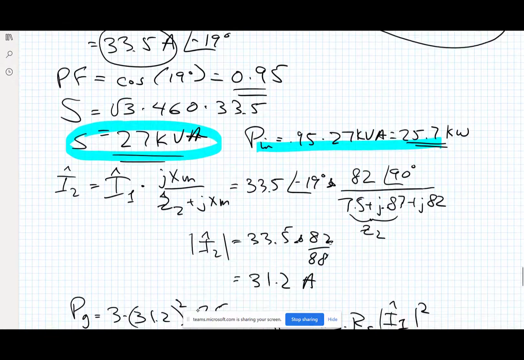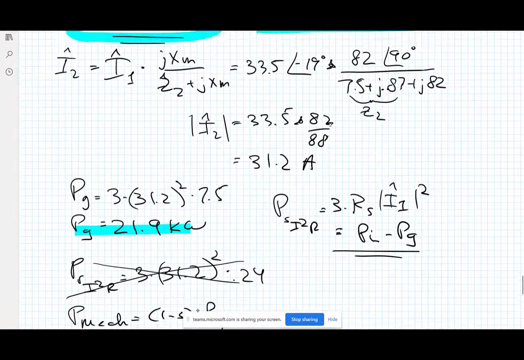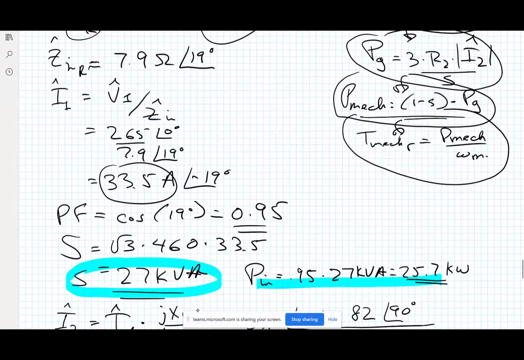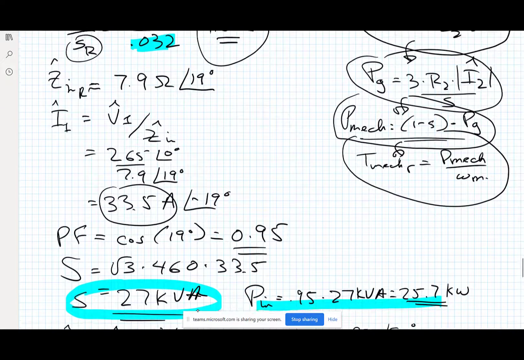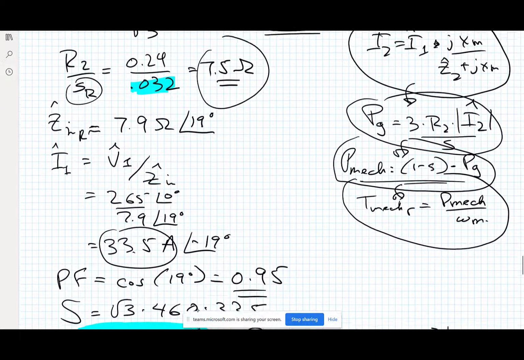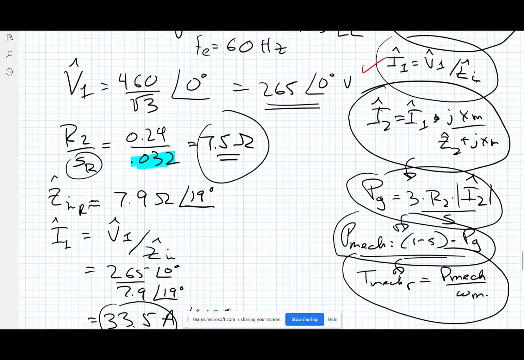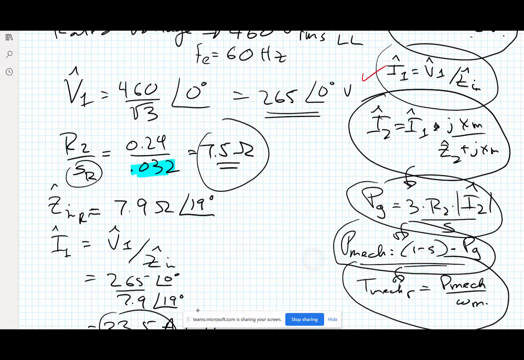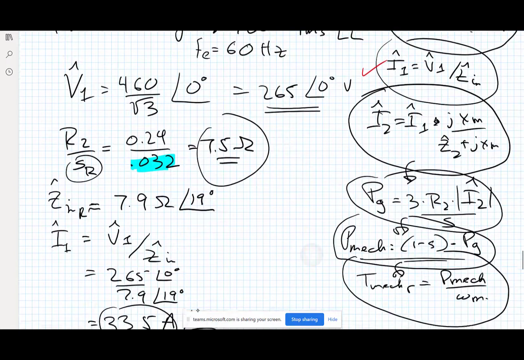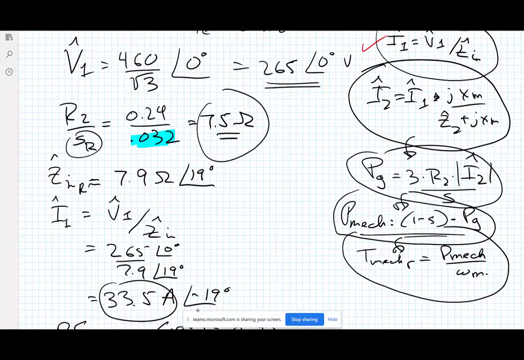Yeah, your mistake is the fact that when you converted the slip, you put 32% is not 0.032, it's 0.32. Because what you have is technically 3.2%. It's 3.2, not 32.